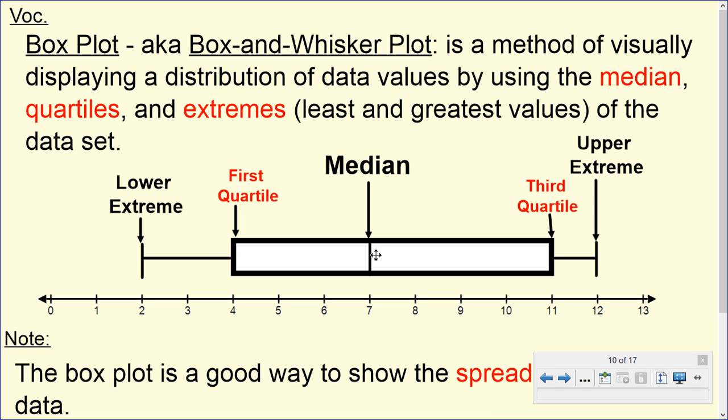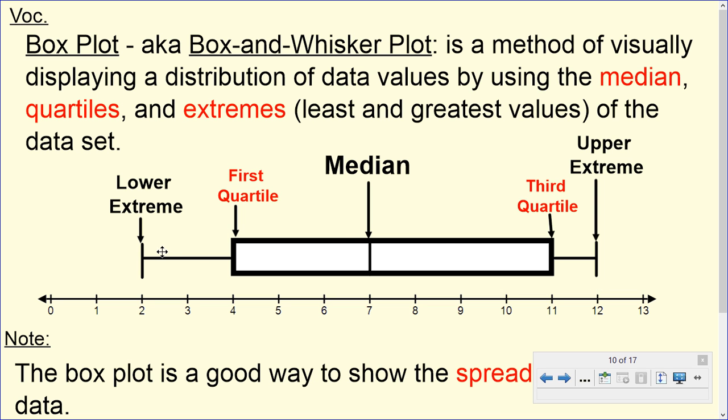We have the median at the 7. A median we know is the middle score, which divides a set of data in half into 2 equal parts. Here's the third quartile, that is at the 11, and the upper extreme, or the greatest number, which would be the 12.